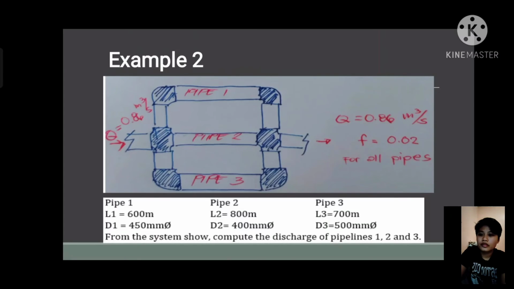As you can see, the connection is in parallel because there's an inlet and connection of 3 pipes and it joins again on the other side. So on the formula, the discharge is the sum of all discharge in each pipe.